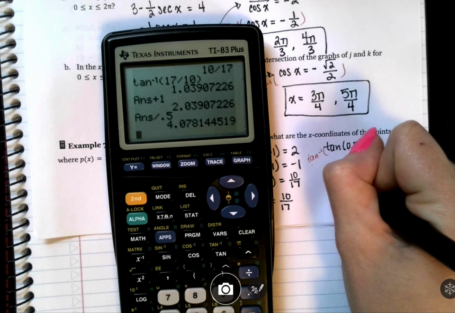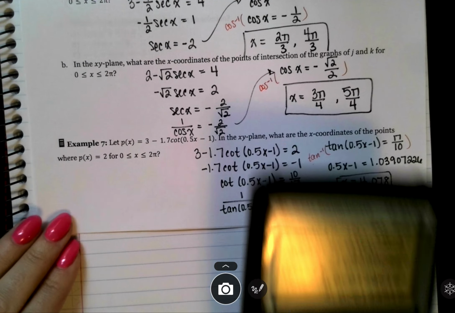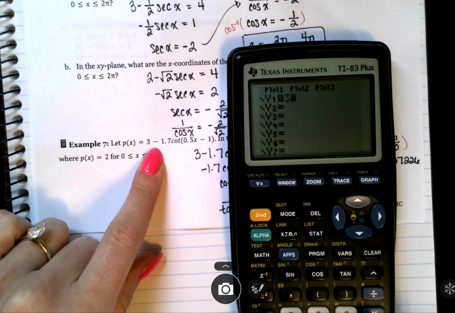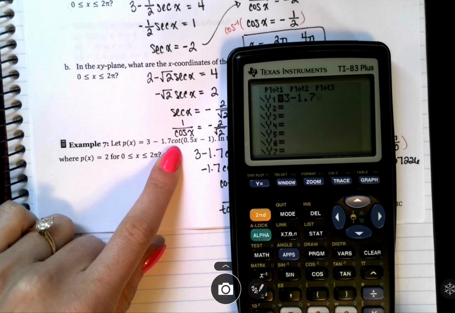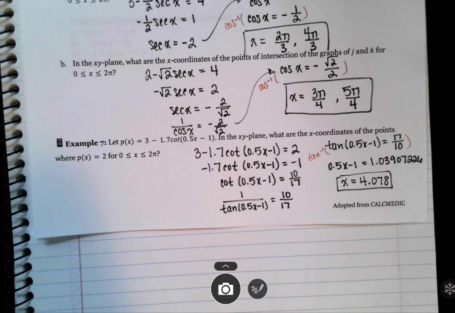Now I want to show another way to do this one since we are able to use our calculator. What we could also do is use our graphing ability. So I'm going to hit my y equals, and I'm going to put p of x in my first spot. So I have 3 minus 1.7 cotangent. Oh, I don't want to go that far.